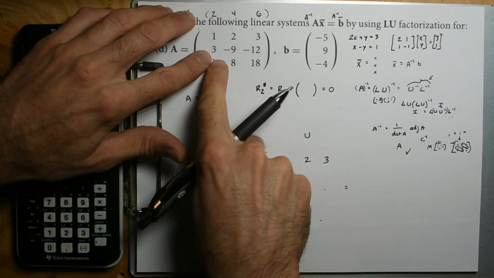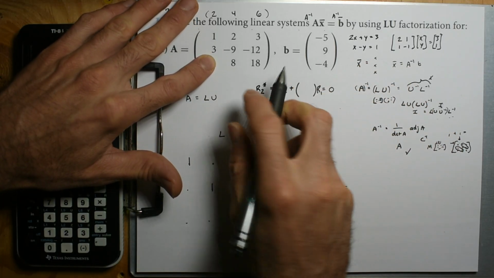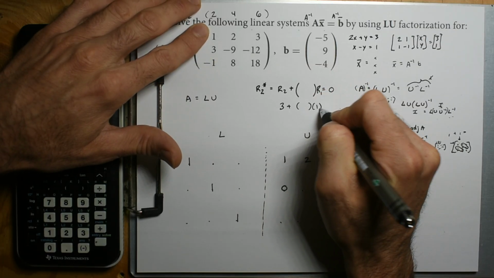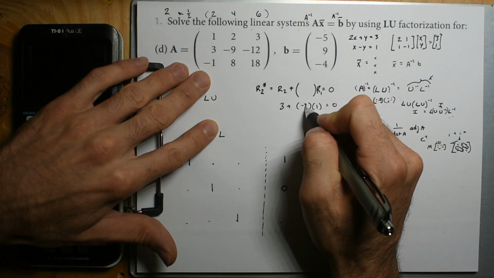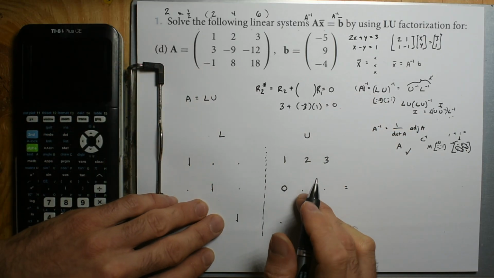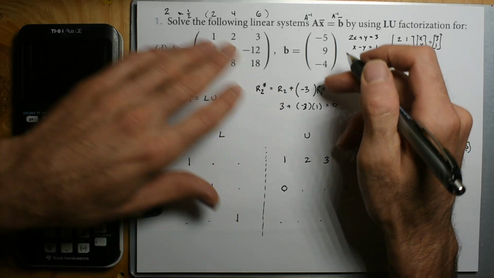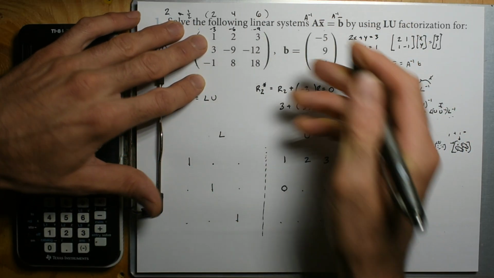So this is the value 3. And this is a multiple of row 1. So we have 3 plus what times 1 is equal to 0. 3, negative 3. So we're going to do a negative 3 right here. So we're basically taking row 1, multiplying by negative 3. So we'd have negative 3, negative 6, negative 9.